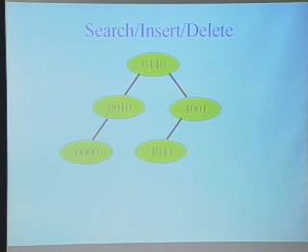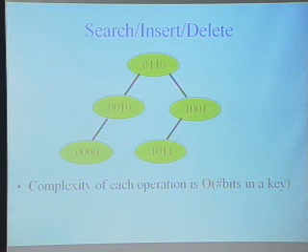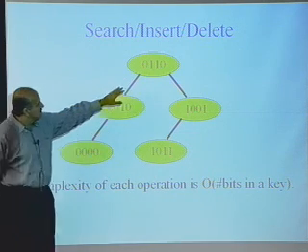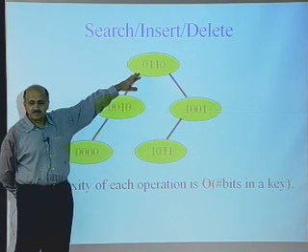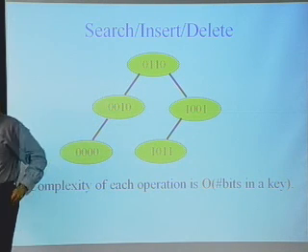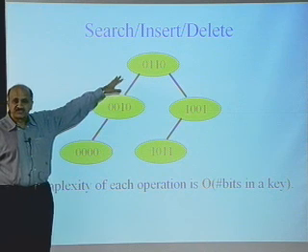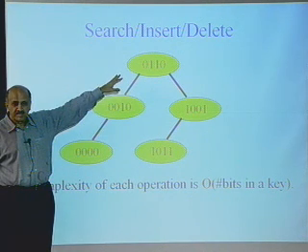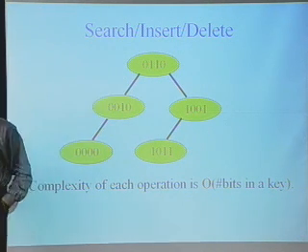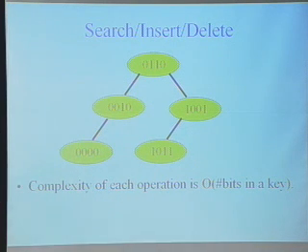If you want to do a delete, suppose you want to delete the item in the root. To delete the item in the root, you have to find a replacement for that item. And you have to get a replacement in such a way that you don't mess up the partitionings at the remaining levels.